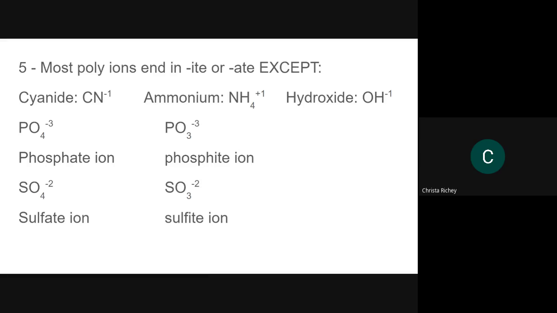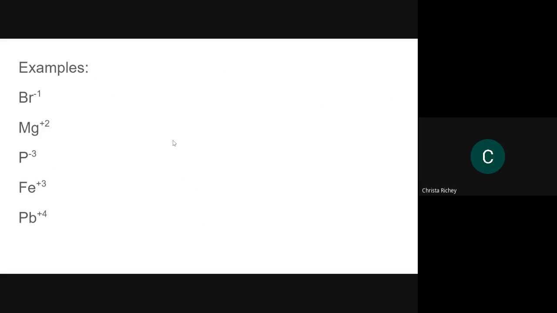Dichromate has 2 chromiums. Acetate's a little different. That's one of the ones you need to know for Friday. That is the fancy name for vinegar. Vinegar is acetic acid. That's what's in it, and it lets you take the shell off of an egg. It makes it a really liquid water balloon.